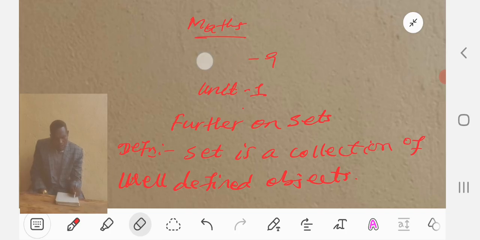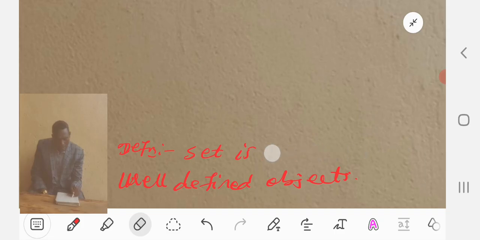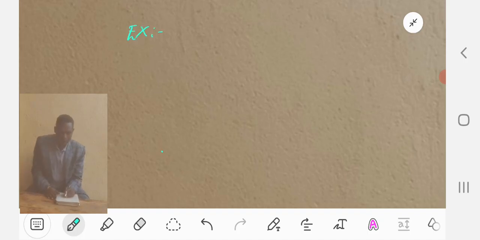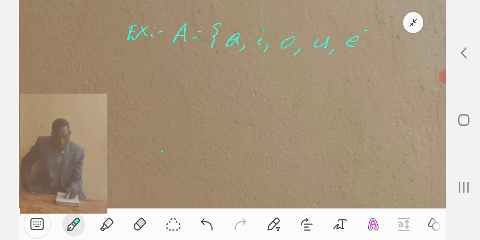Okay, let's clear this blackboard and let's take different examples of the set. For example, now let A is a set that contains 5 English vowel letters: A, I, O, U, and E are 5 English vowel letters.